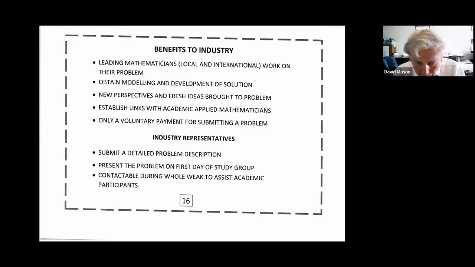Now, there are many benefits to academics or to industry. Just this key one here: new perspectives and fresh ideas brought to a problem. Mathematicians look at the problem differently from, say, engineers or physicists, and various industry representatives. They've got responsibilities. They must be there throughout the meeting.